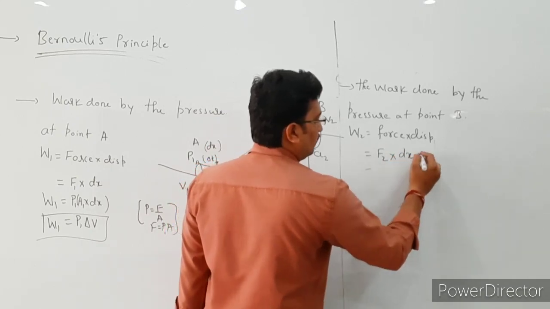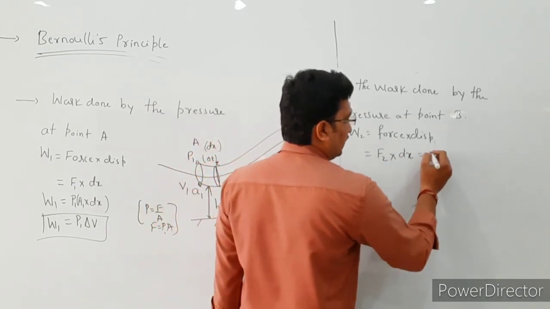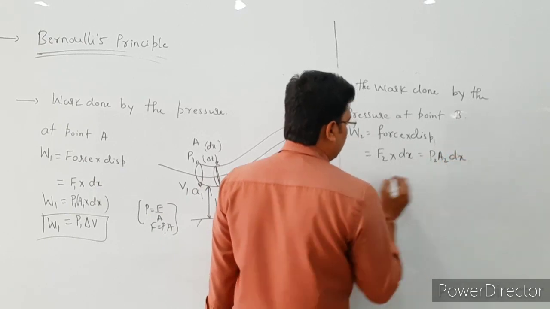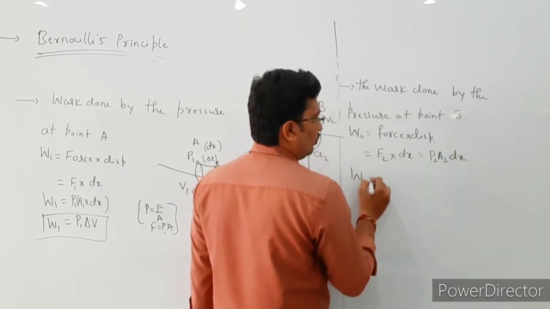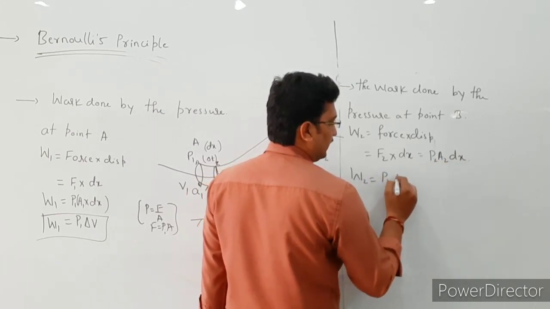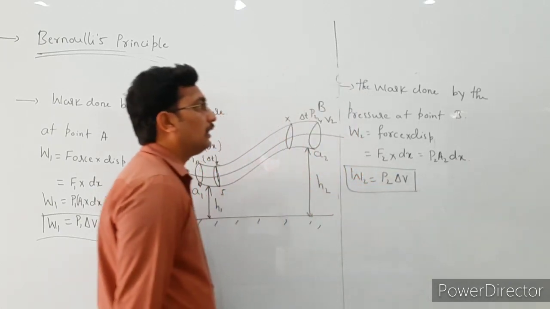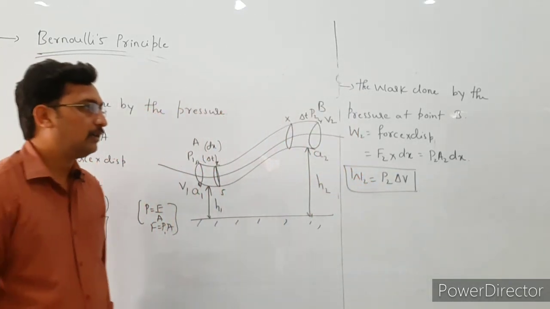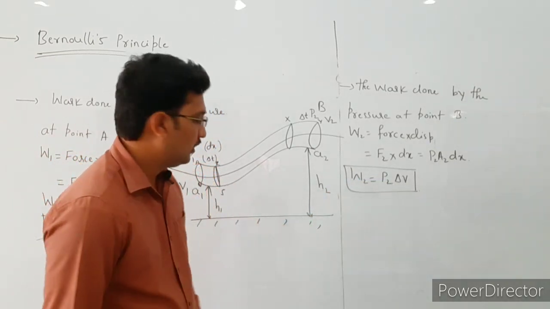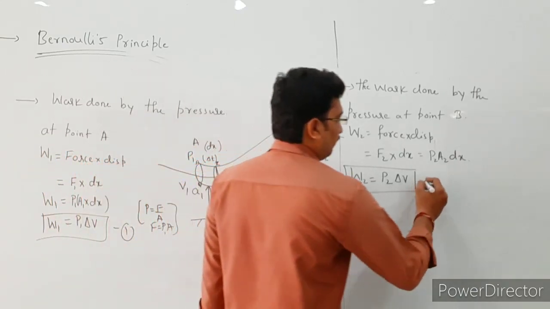This is equal to F2, in the form of pressure, P2 into A2 into dx. So this work done W2 is equal to P2 A2 into dx, the change in small volume. This is the work done by the pressure at point B, so W2 is equal to P2 into del V. This is our equation number 1 and this is our equation number 2.